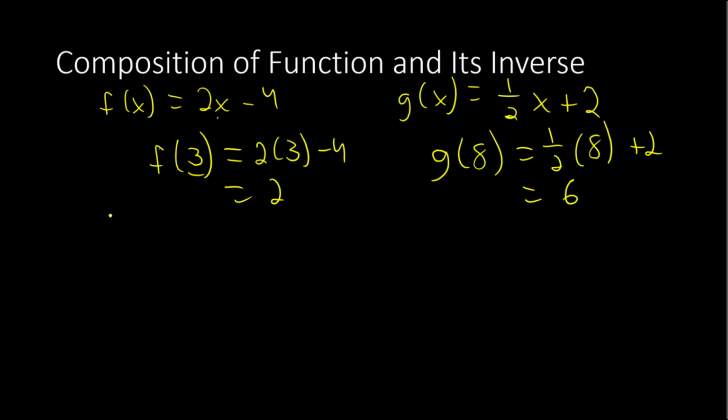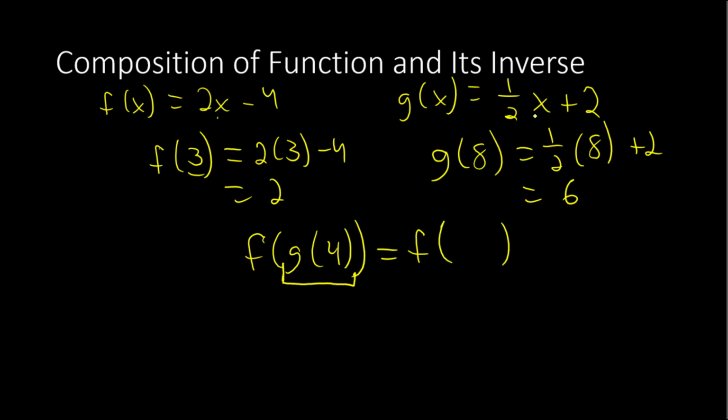Now, a composition of functions would be a function inside of a function. So let's say we had f of g of 4. What that means is we start with the innermost function right here. We find g of 4. So for g of 4, we plug a 4 in place of x.